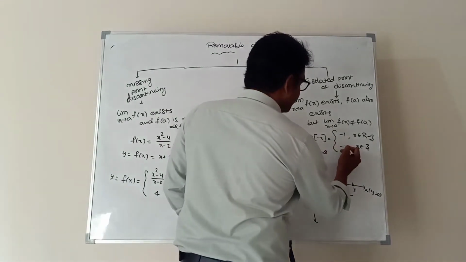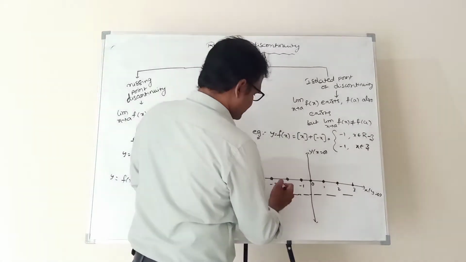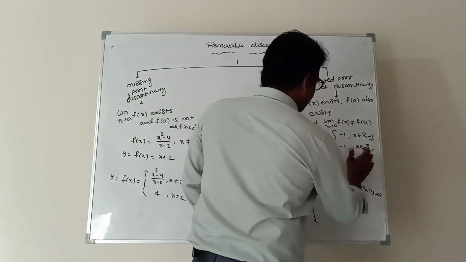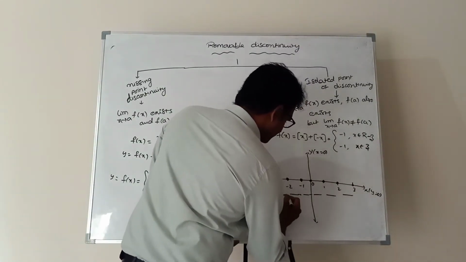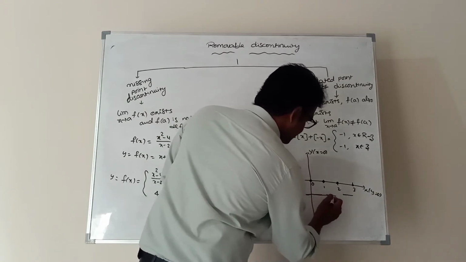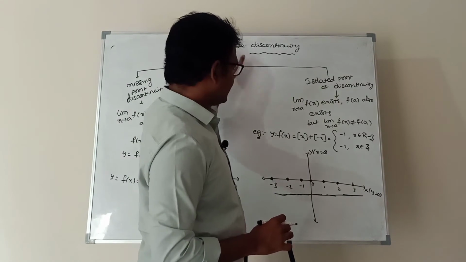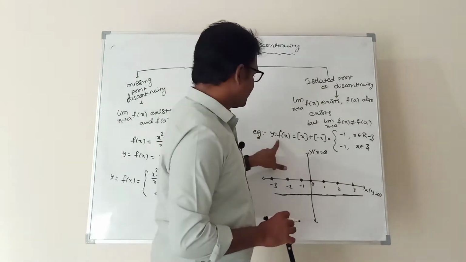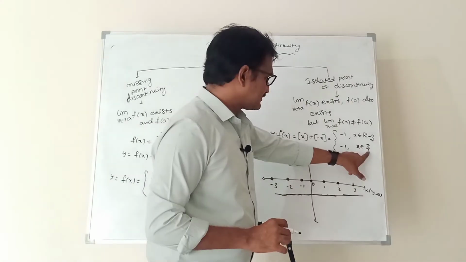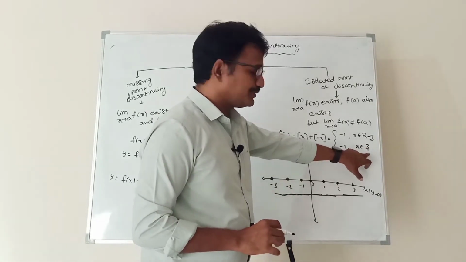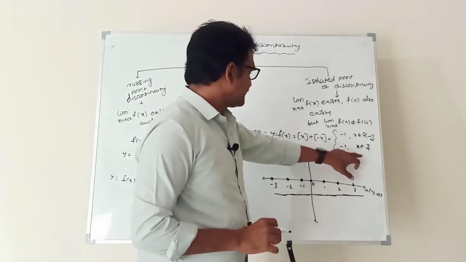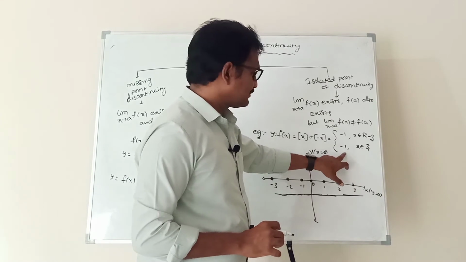If you give y is equal to -1, then we can redefine this function. Then you will get a continuous function. That means we can remove this discontinuity. If x belongs to integers, then you will get y is also equal to -1.